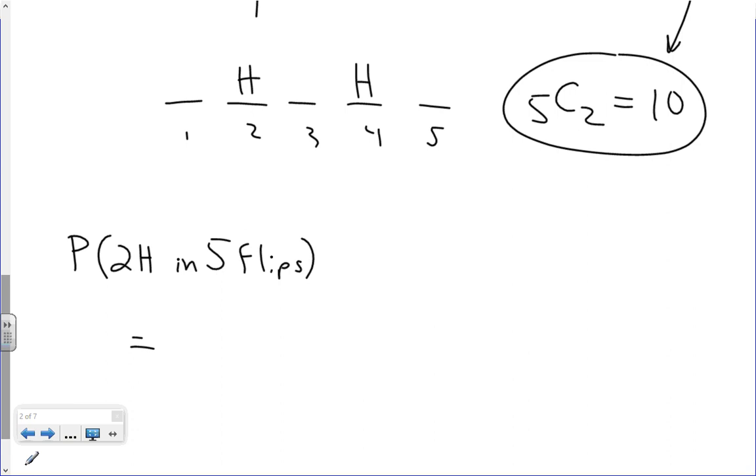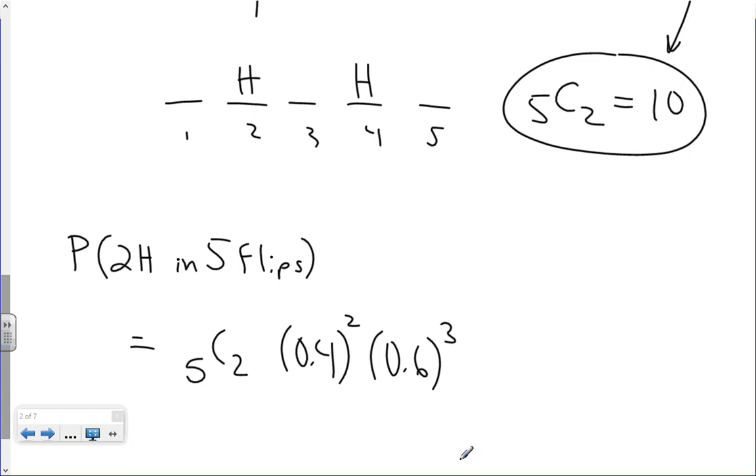Turns out it's equal to the 10, which is actually 5 choose 2, times the probability of getting the 2 heads, that was 0.4 squared, we said, times the probability of getting the 3 tails, that was 0.6 cubed, which we've already calculated at the end.